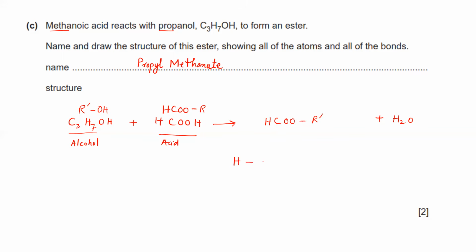So this is H bonded to C, with a double bond to O and a single bond to O, and then R' comes here, so R' is C3H7.